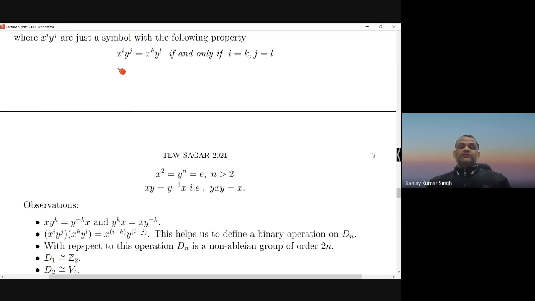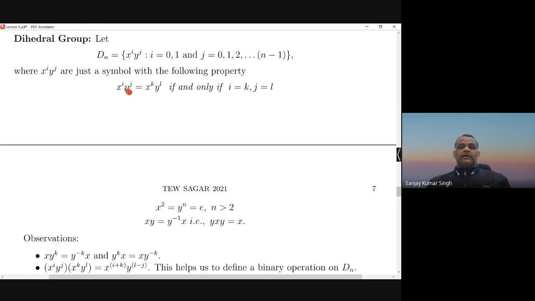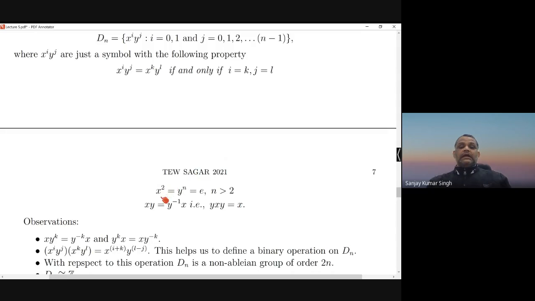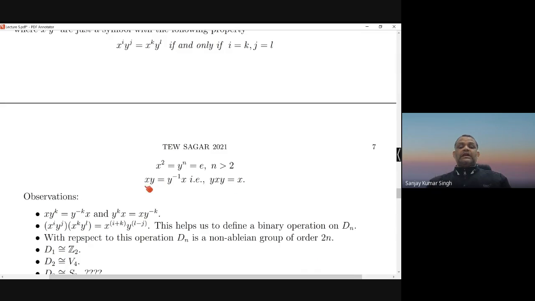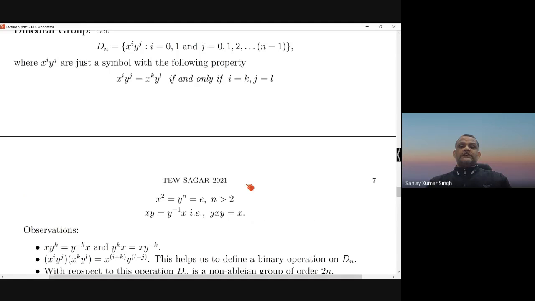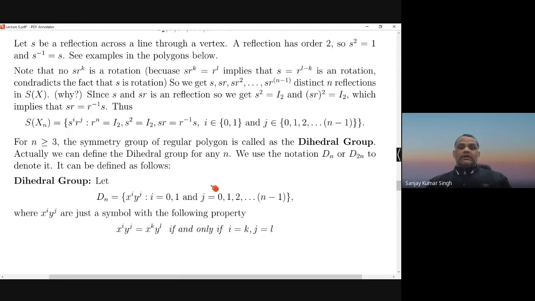Assume first that x^i y^j equals x^k y^l if and only if i equals k and j equals l. Second, x squared and y^n are always identity. And third, you assume that xy is the same as y inverse x, that is, yxy equals x. And you see that all these were there.